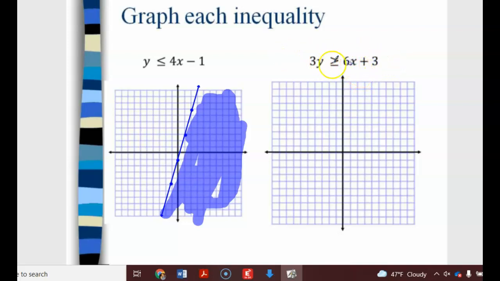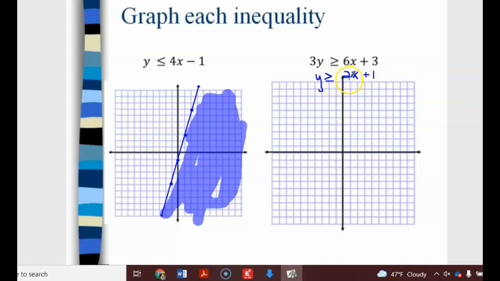And over here, we're not quite in the form we want to be in, so we're going to divide everything by 3. So that gives y is greater than or equal to 6 divided by 3, which is 2x, and 3 divided by 3, which gives a positive 1.